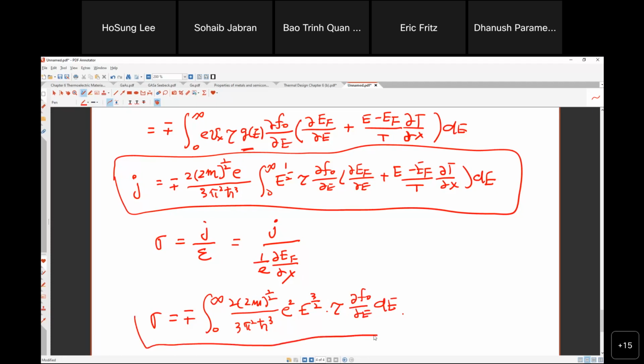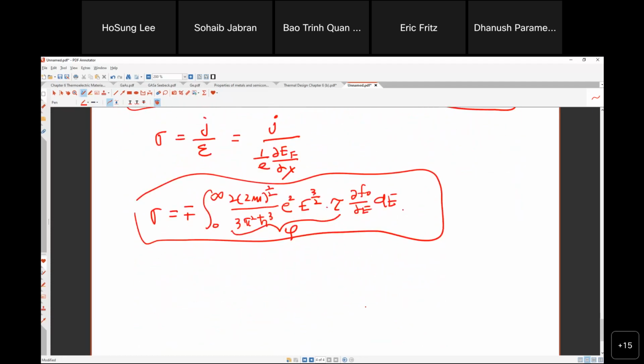Hmm, interesting. Let's say this is a function for a moment, and then I can say this is energy and dF0/dE.